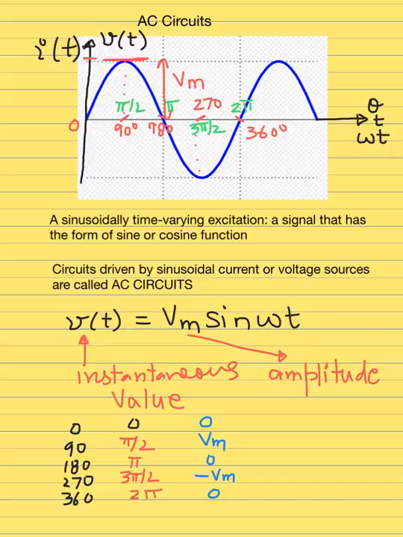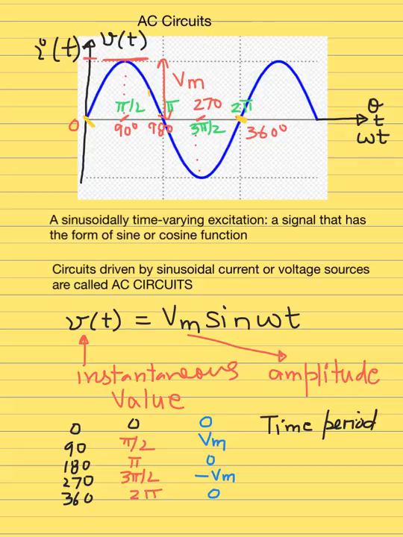Okay, and one more thing which I want to explain right now is the time period. Time period is the time taken by any AC signal to complete one cycle. One cycle is considered as, let's say you're starting from here, and then you go through all the different values and you reach the same point.